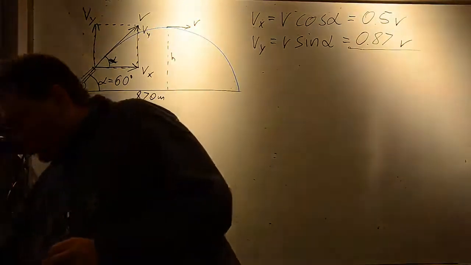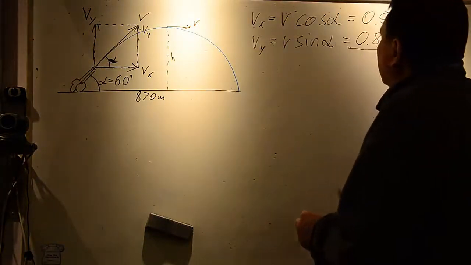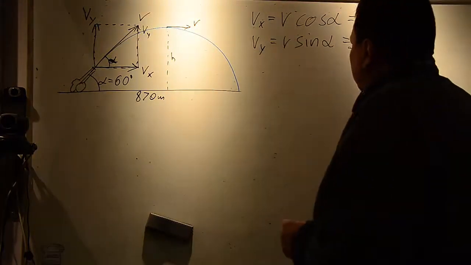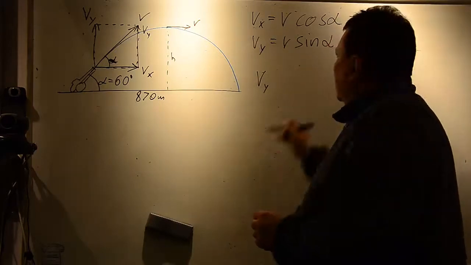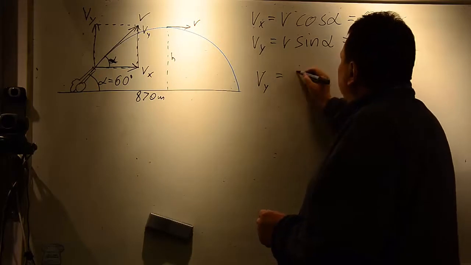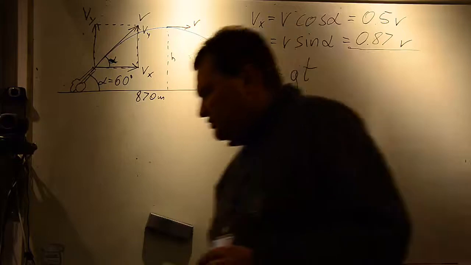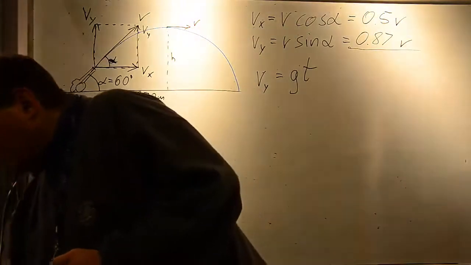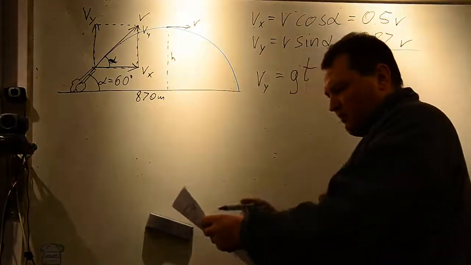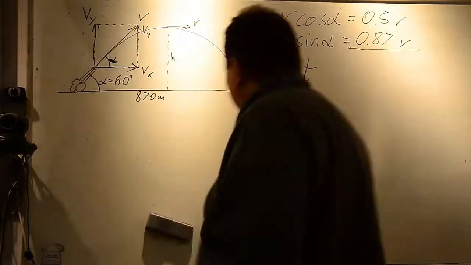One of the main formulas here will be about this vertical velocity. Vertical velocity is given by a formula gt. In this exercise, everything shows that this is the surface of the Earth, and actually the exercise tells gravitational acceleration g equals 10 meters per square second.